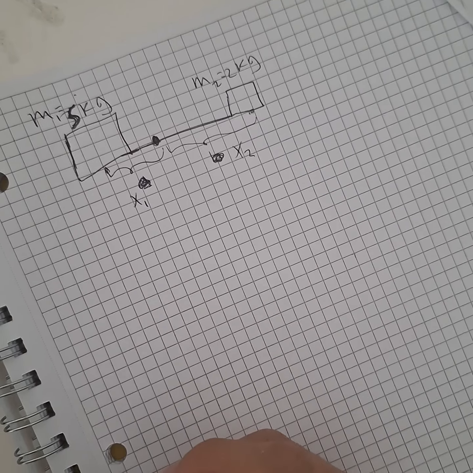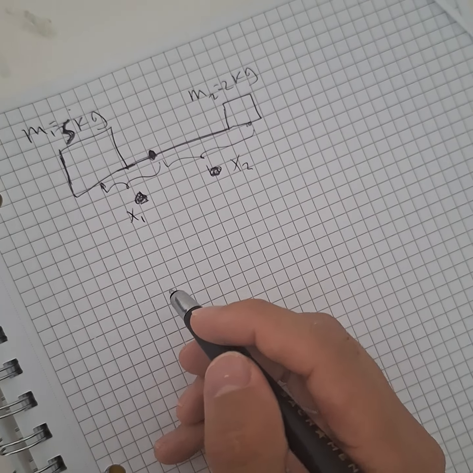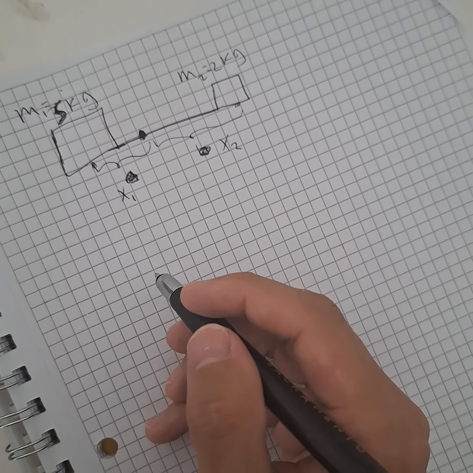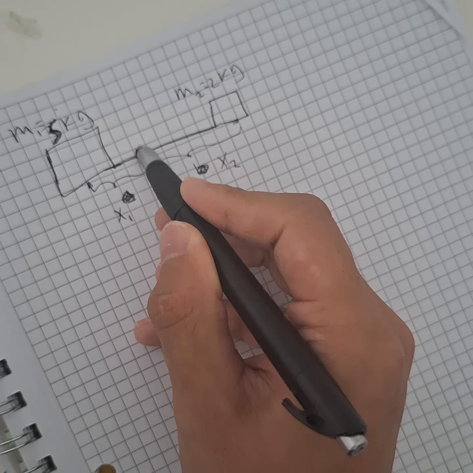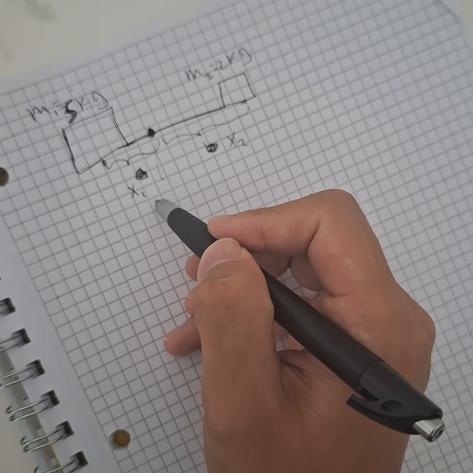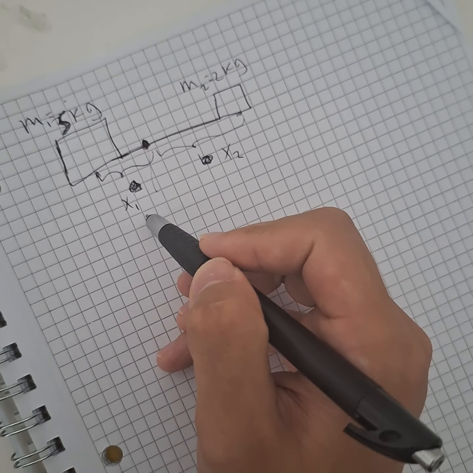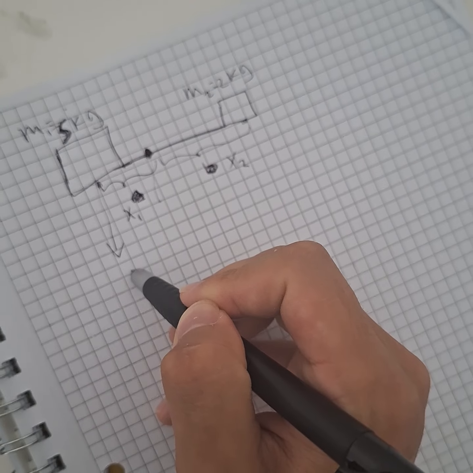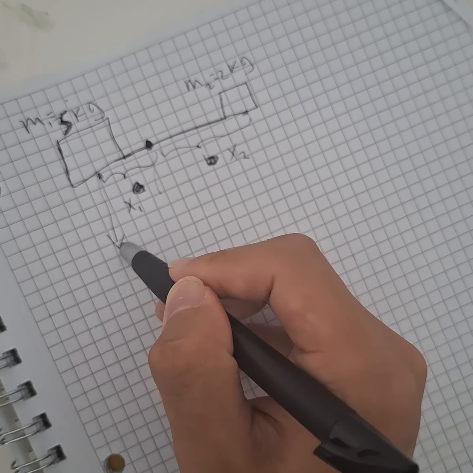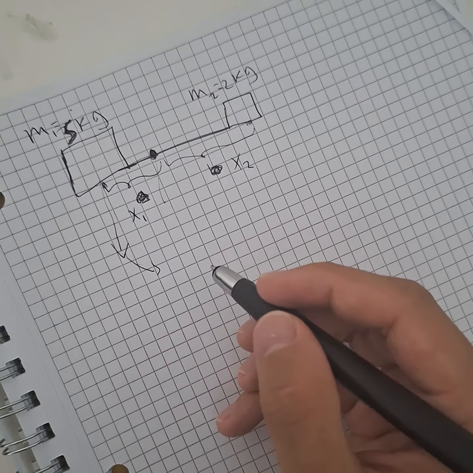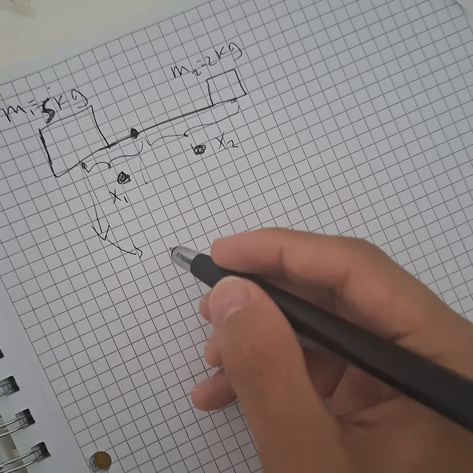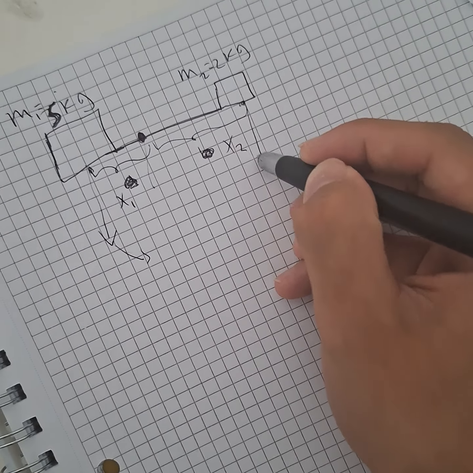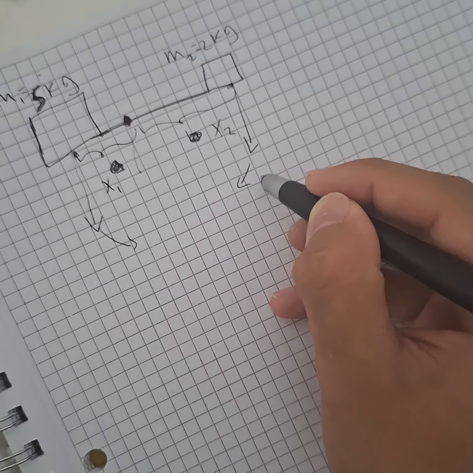Now, as we calculated earlier, in order for this to be the true center of mass, the clockwise torque and the anti-clockwise torques should be equal. We have one force of gravity here, which would produce the anti-clockwise torque, and the force of gravity on this object would produce the clockwise torque.